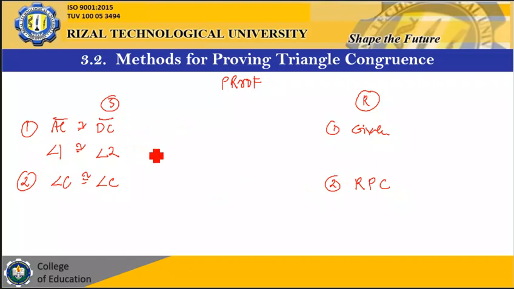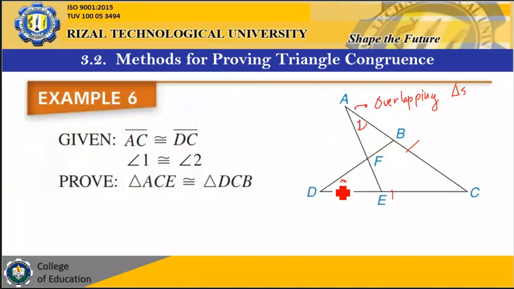So notice that we already have an angle here which is congruent, an angle here which is also congruent, and then we also have a side here. And notice, based on the given figure, that the sides AC and DC are included between angle 1 and angle C, as well as angle 2 and angle C respectively.